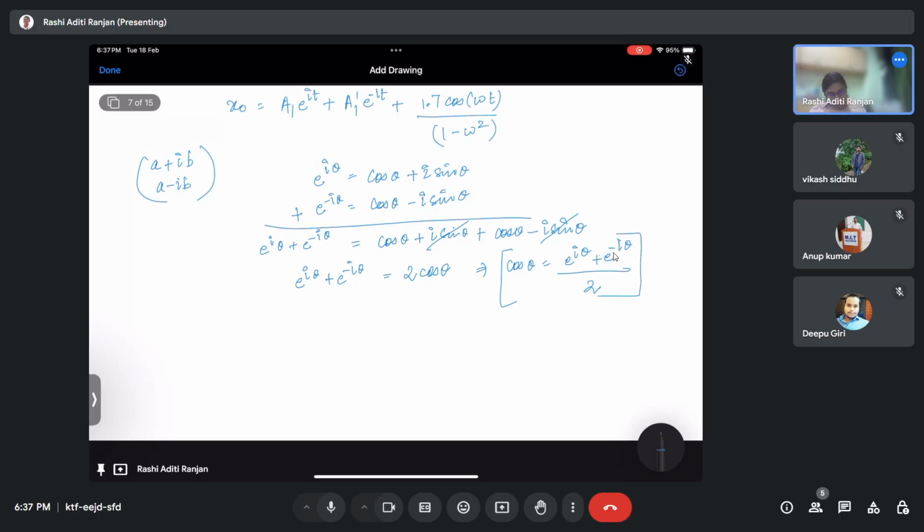How? If instead of adding them, I subtract them, the cos terms are going to cancel this time.